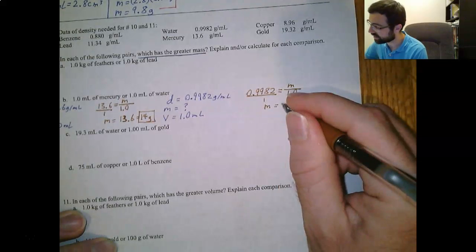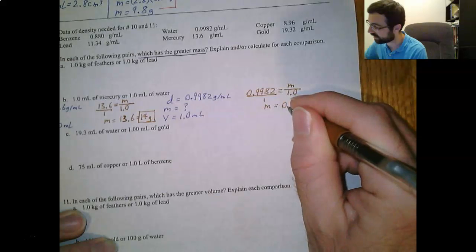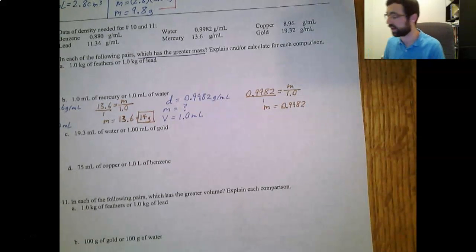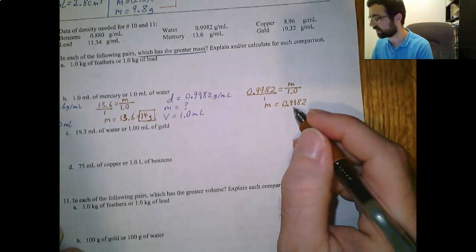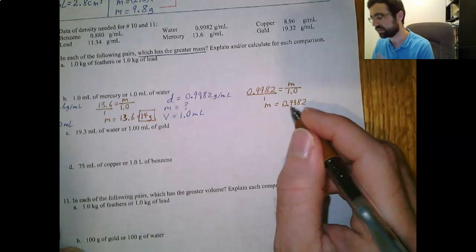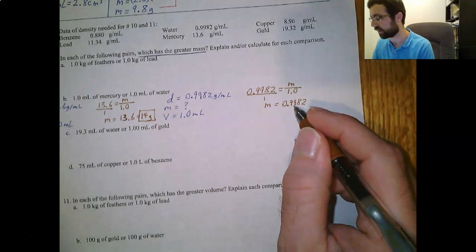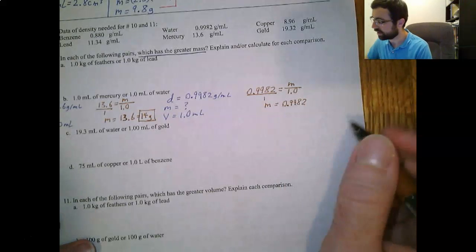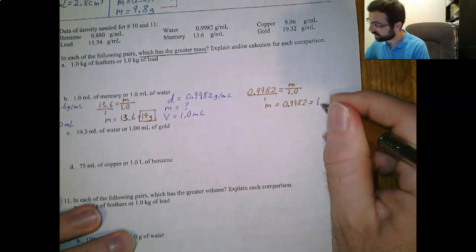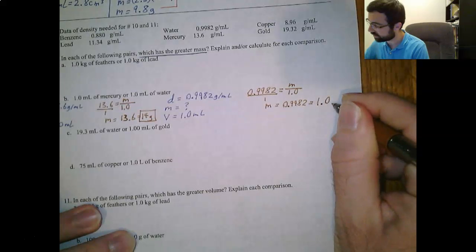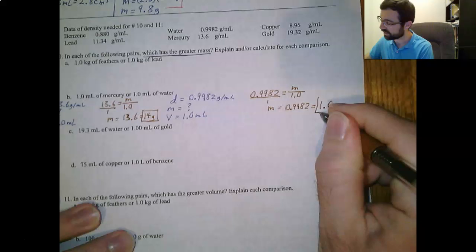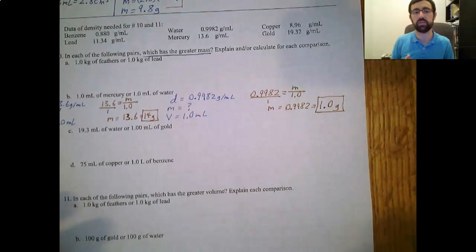So it's going to be 0.9982. Now if I were to actually round that, I want to round it to 2 sig figs. That would just round up to 1. So to 2 significant figures, this is 1.0 grams.